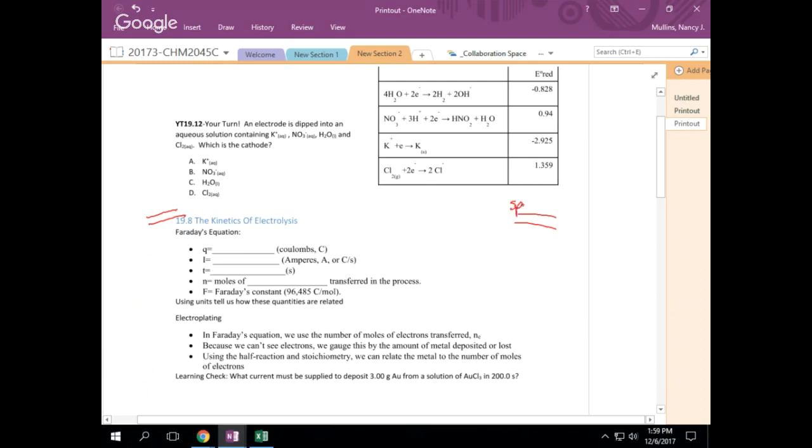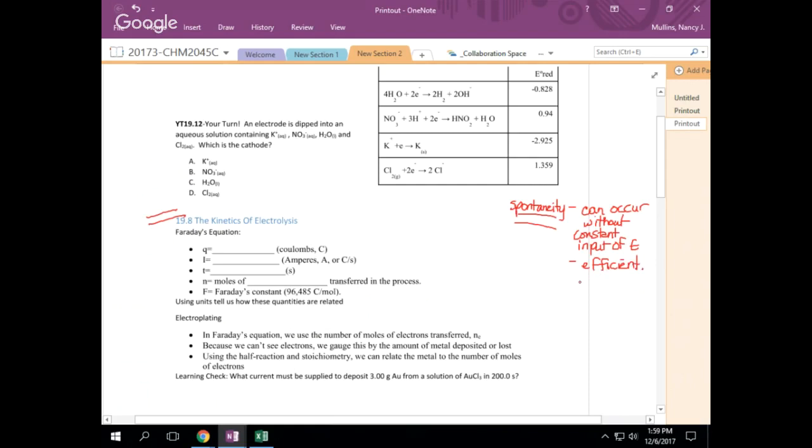Remember that spontaneity tells us whether a reaction can occur without continuous input of energy. We said it also means that they tend to be efficient reactions, but nobody ever said they were fast.